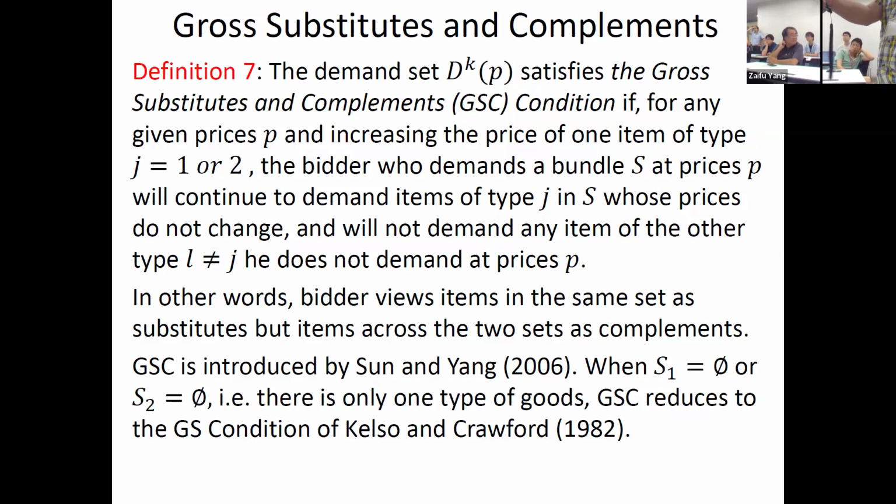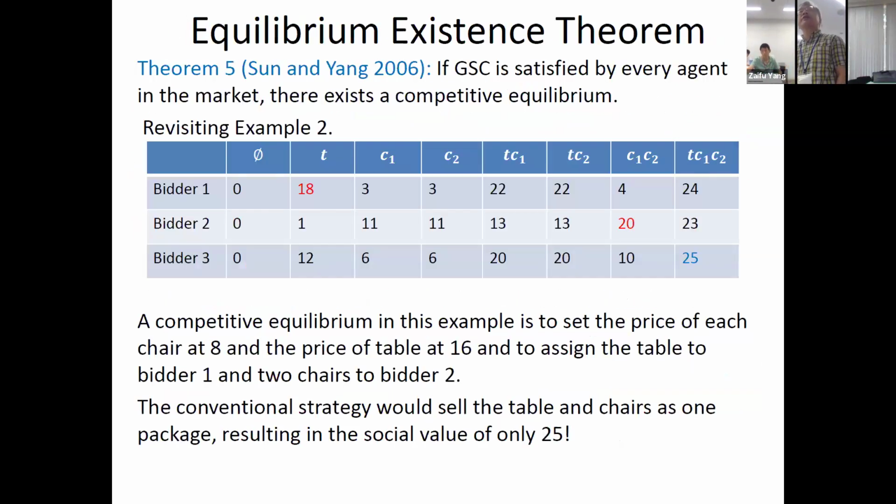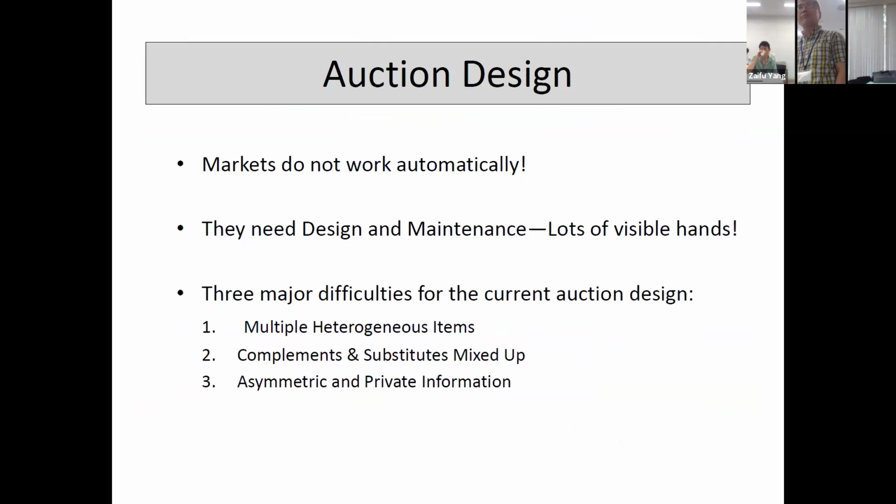If you didn't demand at price P, then you will not demand those tables at prices Q. So if one of the types is empty, then this definition precisely coincides with the GS condition of Kelso–Crawford.